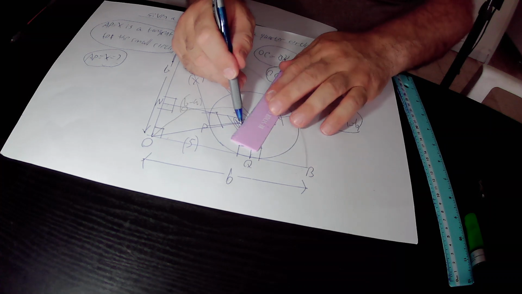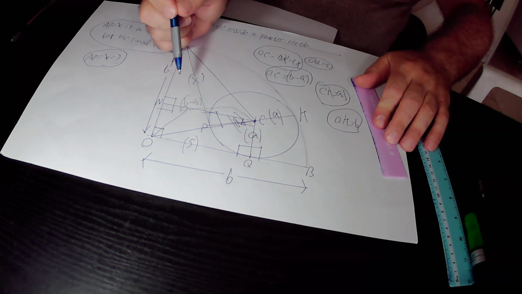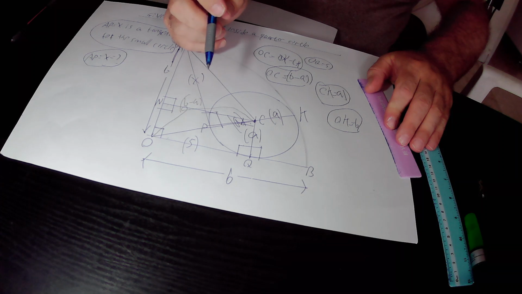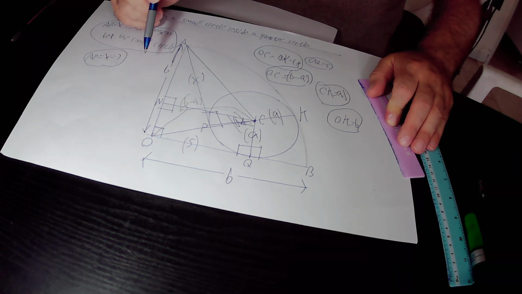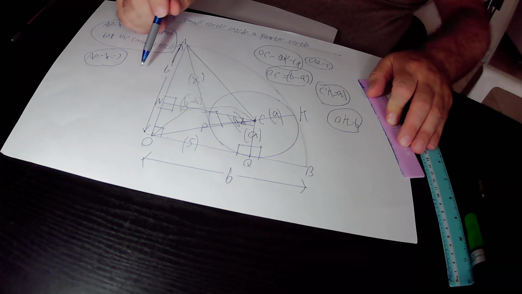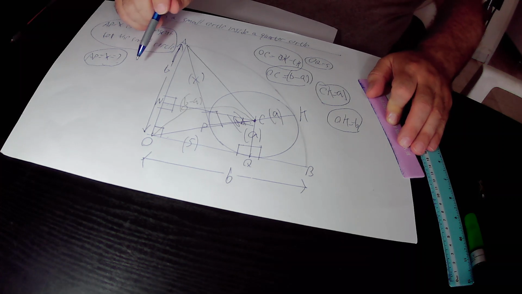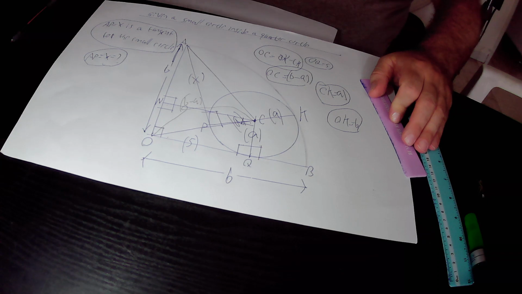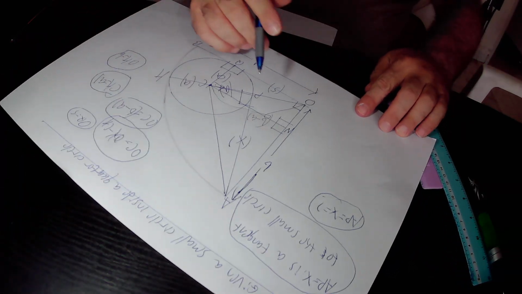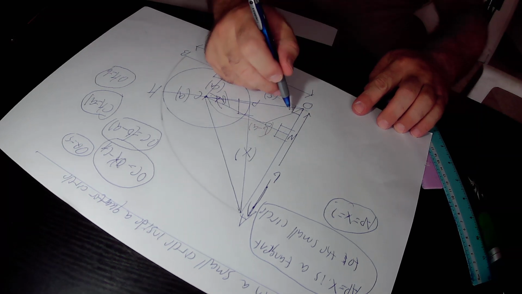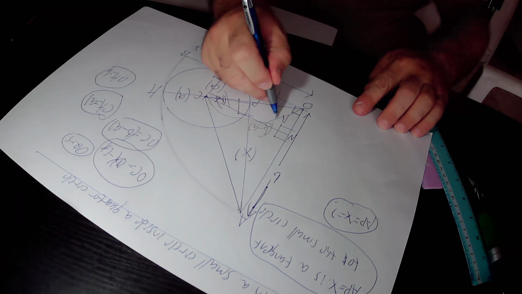So inside quadrilateral NCQO, we have 4 right angles, and according to rule 5, any quadrilateral that has 4 right angles must be a rectangle if not a square. So we relate to this quadrilateral NCQO as a rectangle because it has 4 right angles. So write it down. This is quadrilateral NCQO, that is a rectangle according to rule 5.